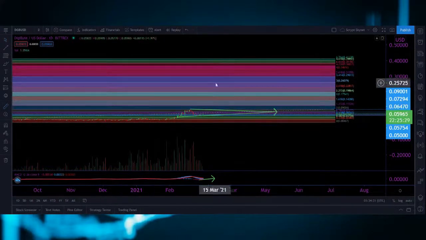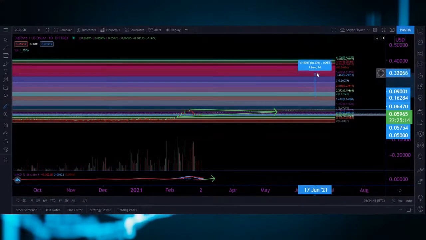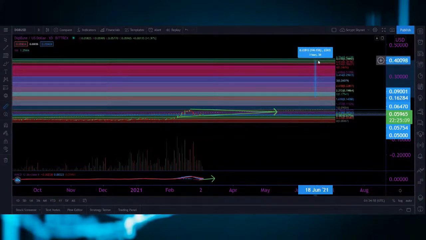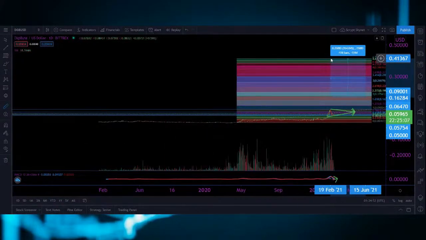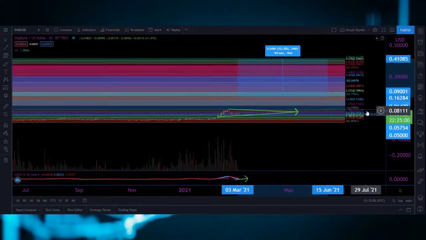Because let's just face it, just as everybody's saying Cardano is a better Ethereum, Bitcoin is a sorry version of DigiByte. Let's just get real here. So from 16 cents, this measured move is 154%. That's it. So two of these hundreds would get us to 41 cents.